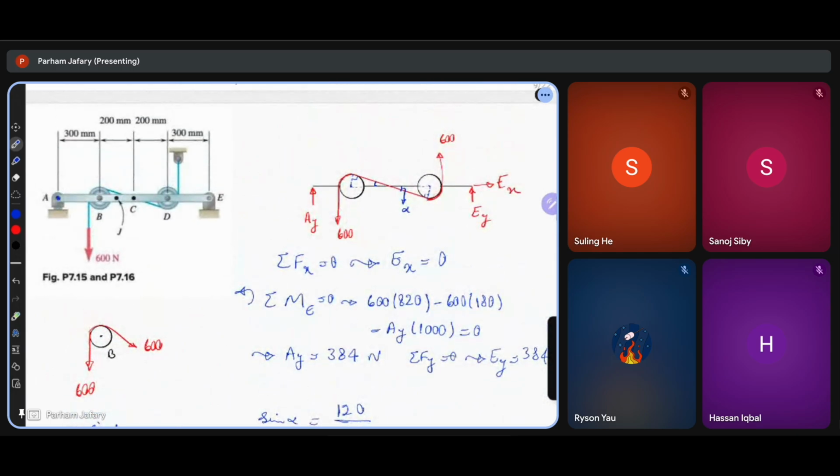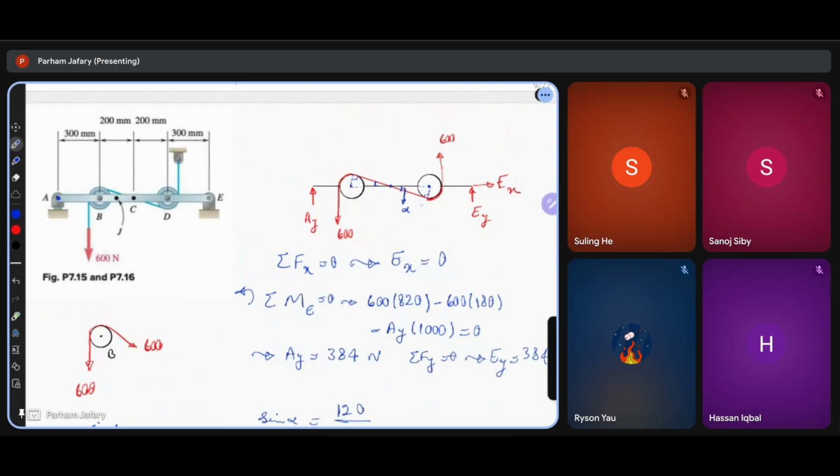So you have a right triangle here. 120 is the radius of the pulley, and 200 is from here to here.